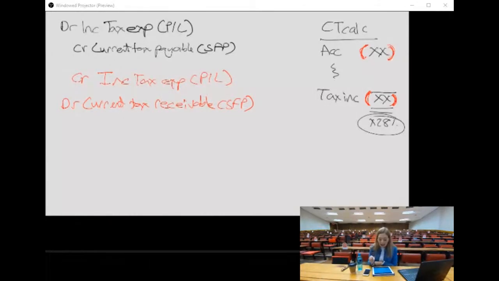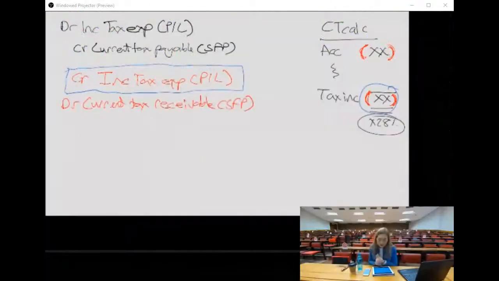However, we know that this tax loss is going to give us a tax benefit in future. We know that this leg of the journal is not necessarily wrong, because we are going to have a benefit in future, which resulted in this current year.